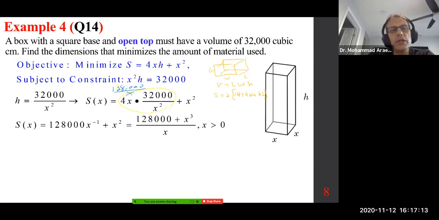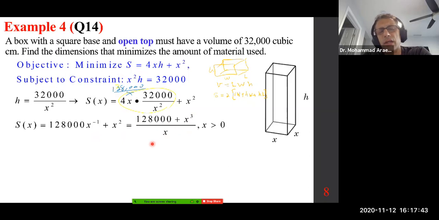Now, 128,000 over x, we can write as 128,000 x to the power of -1 for the sake of the next step in a moment, plus x squared. And if you take a common denominator, x, then this remains unchanged, this becomes x cubed. I have both because I have a reason. I want to explain why we have this one, and this one is for the sake of the next step.